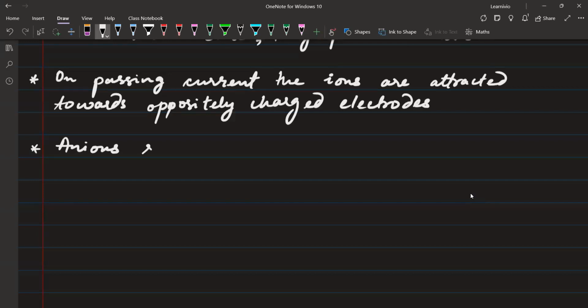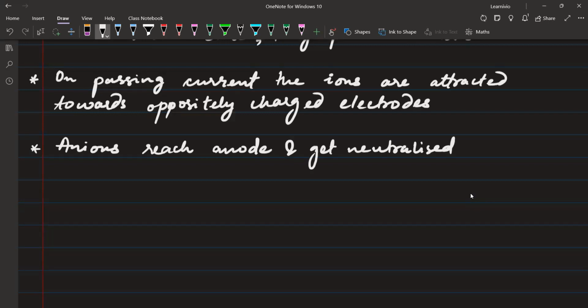Anions reach anode and get neutralized. ठीक है, ध्यान दीजिएगा. Anions will be having what charge, positive or negative? Negative.